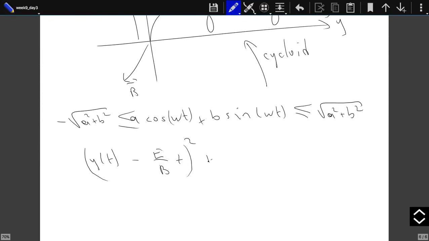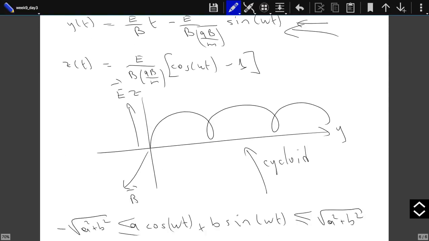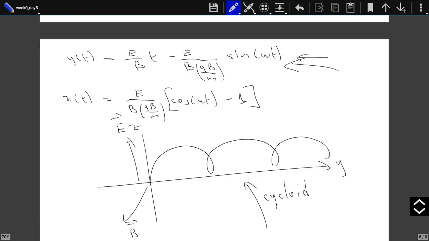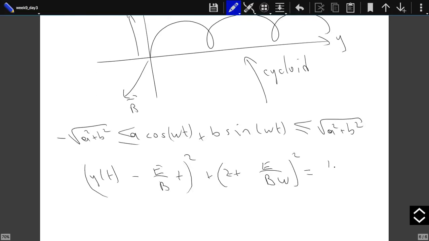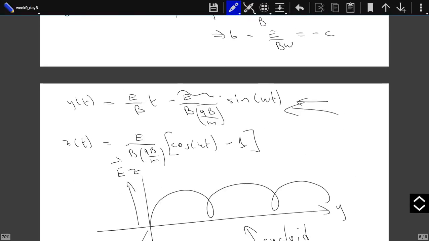Plus z plus e over b omega, squared, is equal to e over b omega, squared. Well, this coefficient over here is nothing but e over b omega.